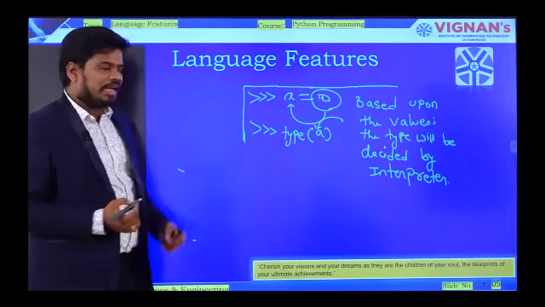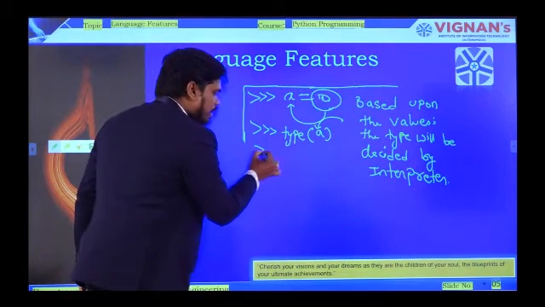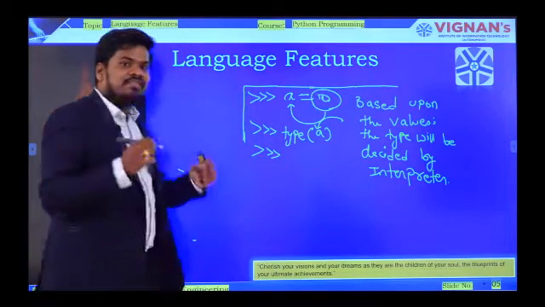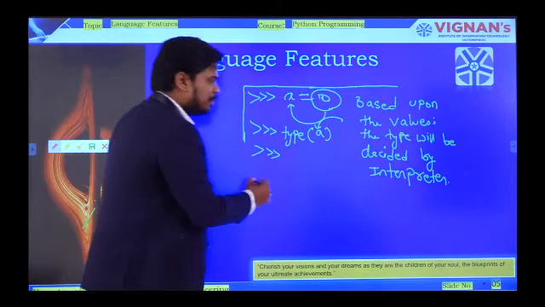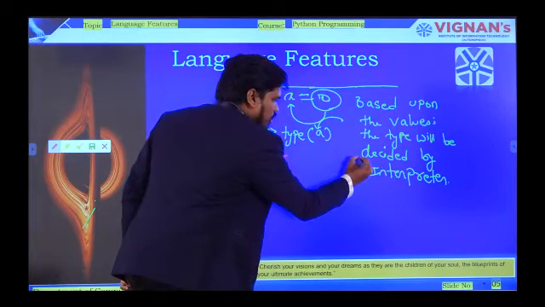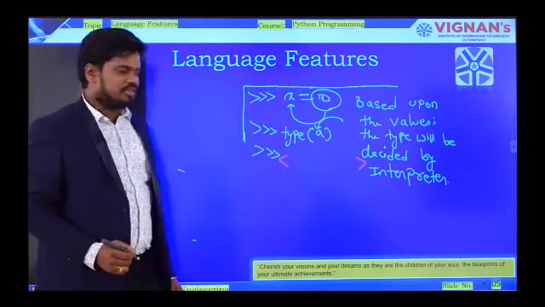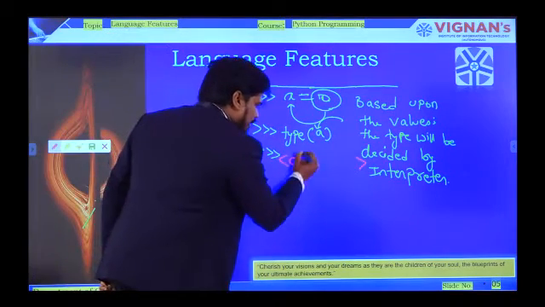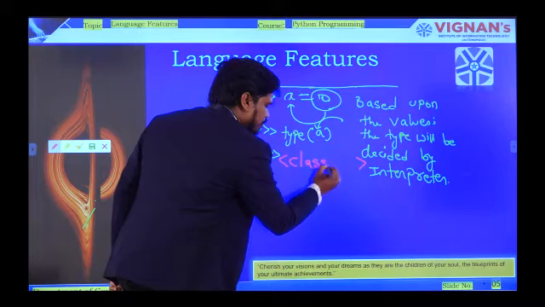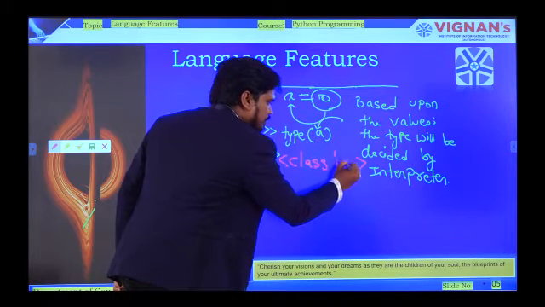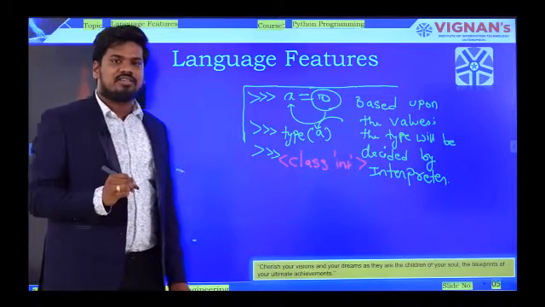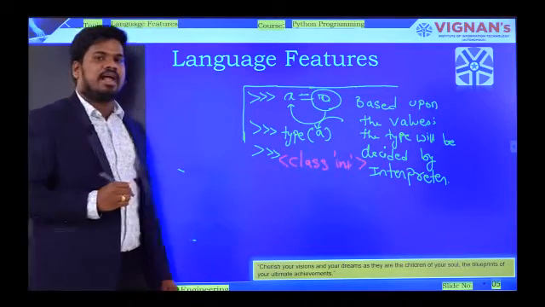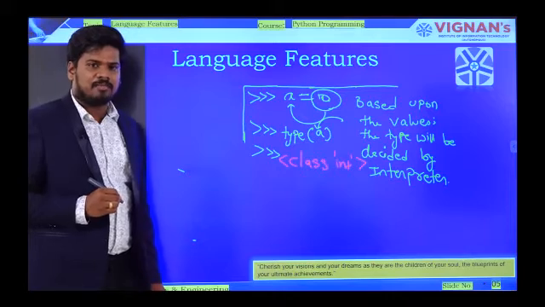Once after giving type of A, my output would be visible between two angle brackets, followed by class of int. This is the output I'll get. If you want to confirm yourself, execute this command in your Python IDLE shell.